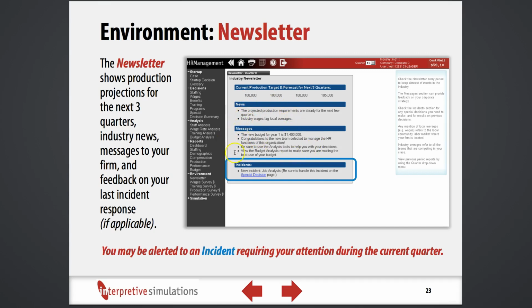It also gives you particular messages and feedback on how well you're doing in the simulation so far, and it also tells you what the next incident is that you need to do. So they usually will tell you. You have that information right on your simulation guidelines, but the newsletter will also tell you what the next decision is, so you're aware of that.